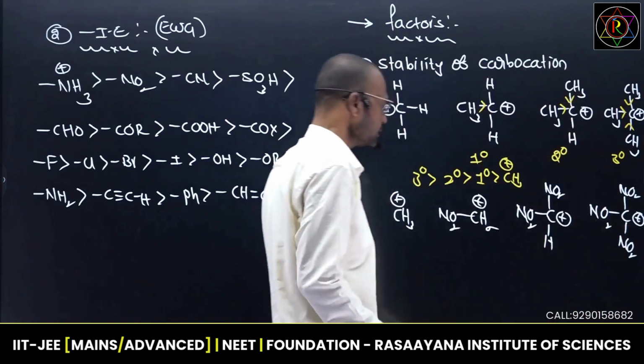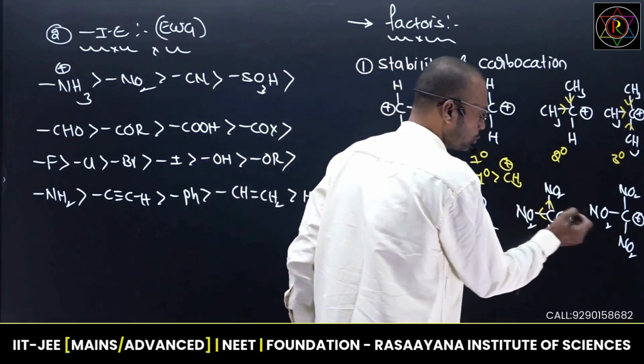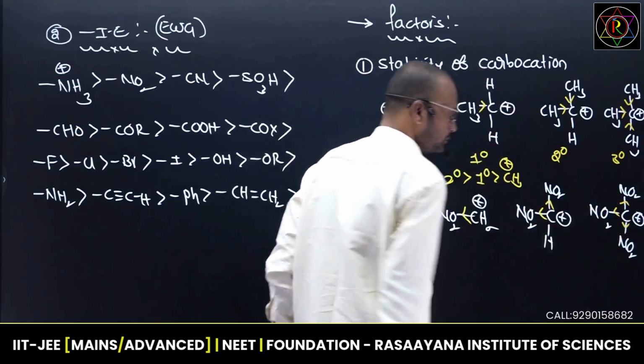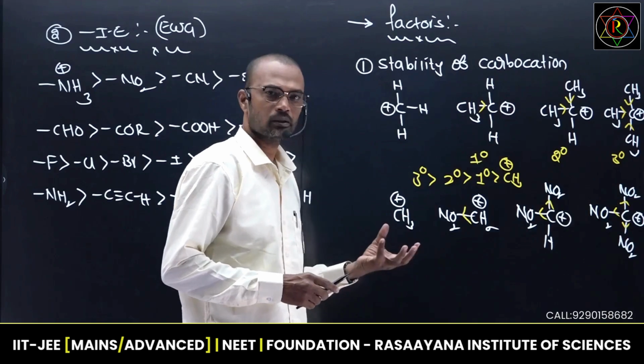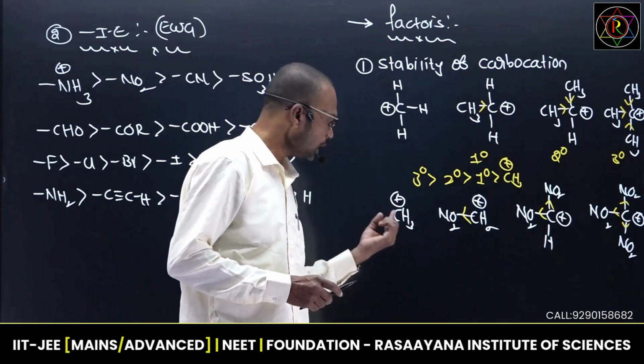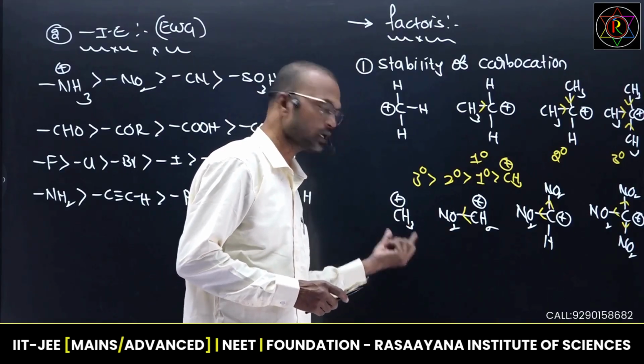So if you see this, nitro is a withdrawing group, it can decrease electron density, 2 withdrawing groups are there, 3 withdrawing groups are present. Now in this case if you observe clearly, as withdrawing groups increase, stability decreases. Already suffering from lack of electron density, electron density is very less.